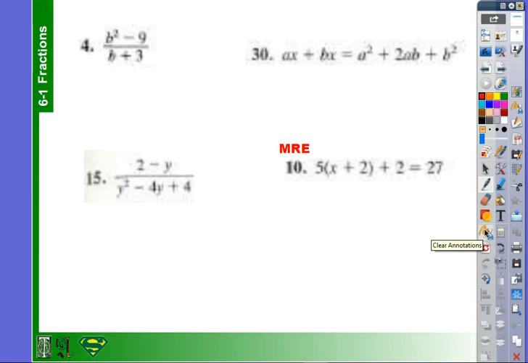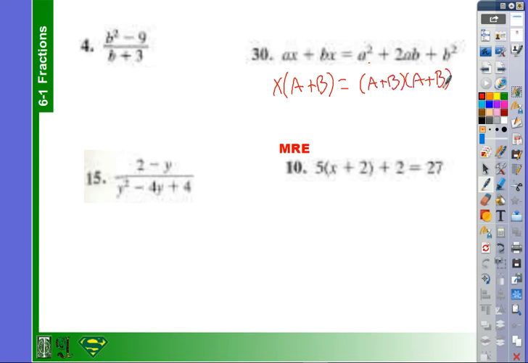So we're trying to solve for x. Both of these have x's, so I can factor out an x. So I get x times a plus b is equal to, well, this is a square binomial, which is factored as a plus b times a plus b.